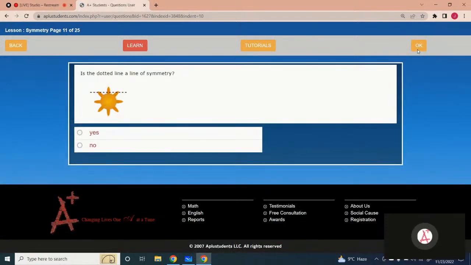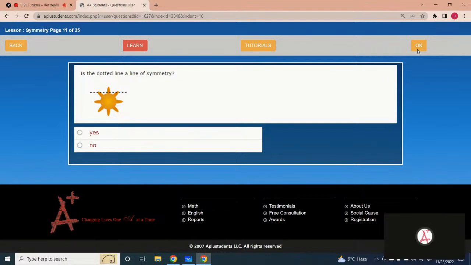Okay, is the dotted line a line of symmetry?